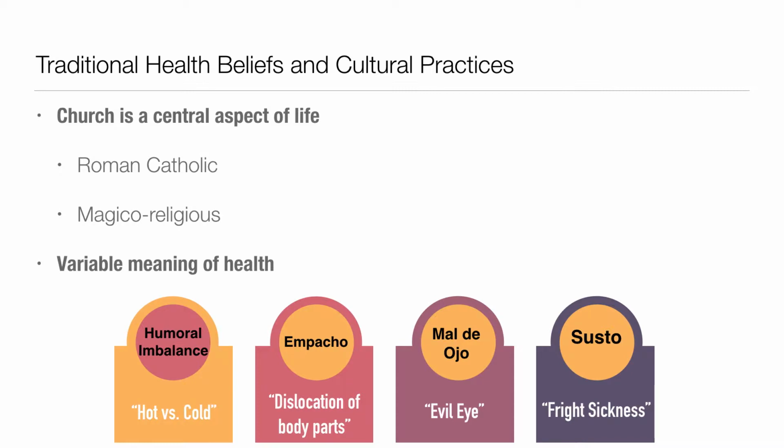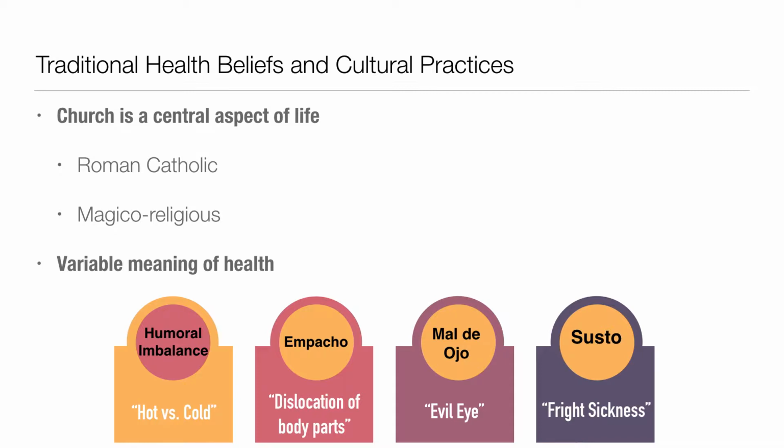The meaning of health varies among Hispanics. Some maintain that health results from good luck or is a reward for good behavior. Illnesses are thought to have either natural or supernatural causes. Some common folk illnesses, causes, and remedies include humoral imbalance, where in general, physical and mental illness is thought to result from an imbalance between a person and the environment, expressed as either hot and cold or wet and dry.